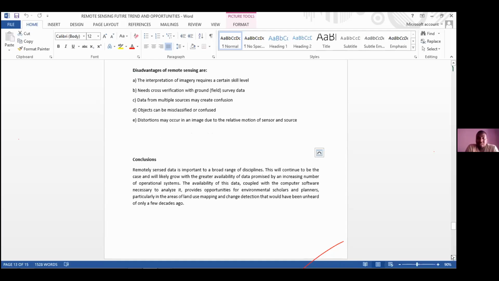The availability of this data, coupled with the computer software necessary to analyze it, provides opportunities for environmental scholars and planners, particularly in the areas of land use mapping and change detection, that would have been unheard of decades ago, right?